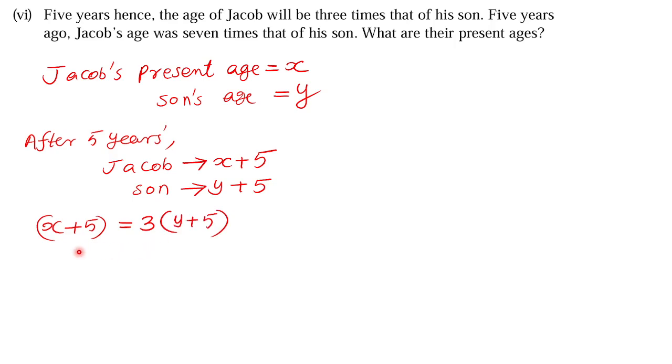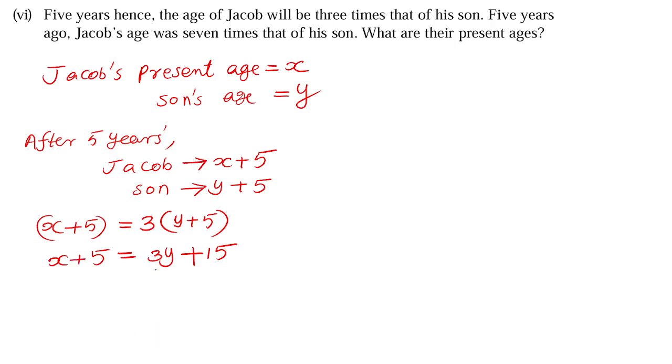So, Jacob's age will be 3 times that of son's age. Let me simplify this. X plus 5 is equal to, we can open the bracket, 3 into y will be 3y, 3 into 5 will be 15. I just open the bracket.